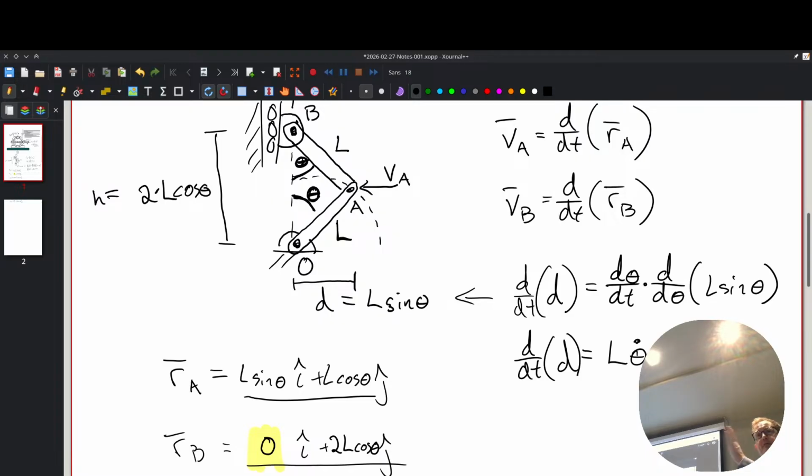If it's starting off at 45 degrees, then sine and cosine are both 1 over root 2. And as we decrease the angle to 40 degrees, A moves up, B moves double up.